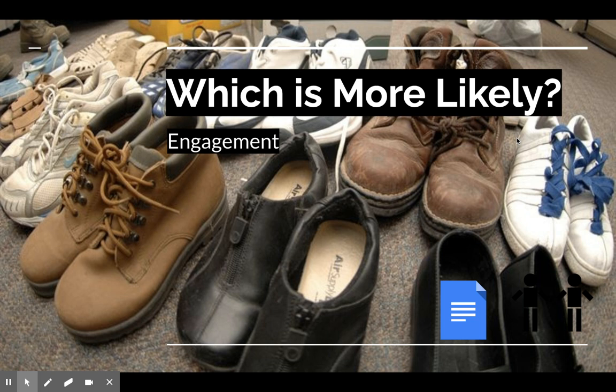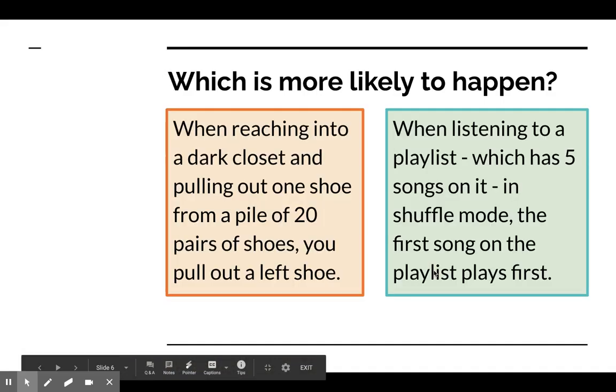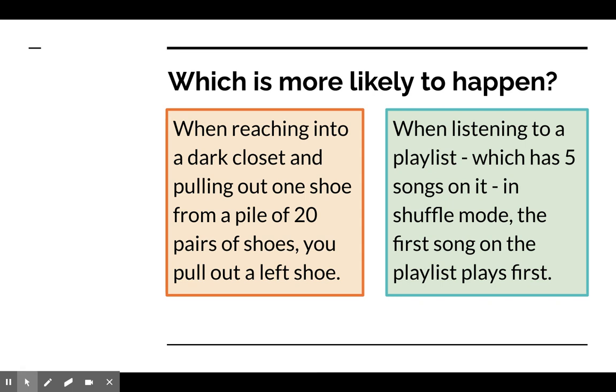So let's go to our engagement activity, which is titled, Which is More Likely? So we want to know in this engagement activity, which is more likely to happen.